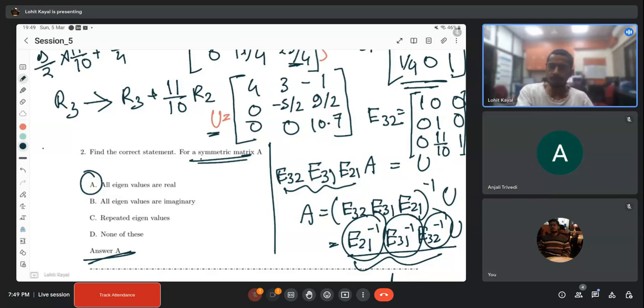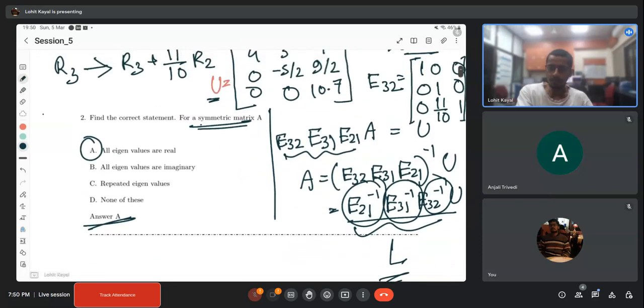Probably I can also deal with a similar kind of problem, so that you will understand this LU decomposition better. So let's first solve the problem completely. Then I will solve a similar kind of another problem.